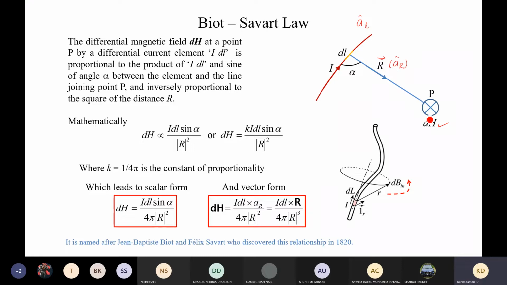Now, what is the direction of the magnetic field? This is a very important point, and the Biot-Savart law explains it. It tells us the direction of the magnetic field.